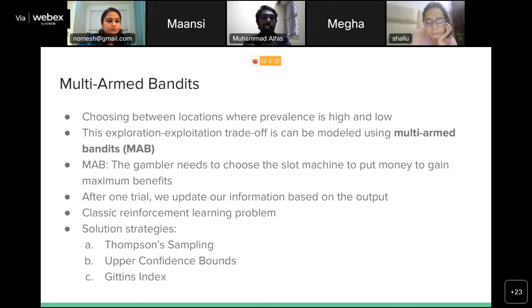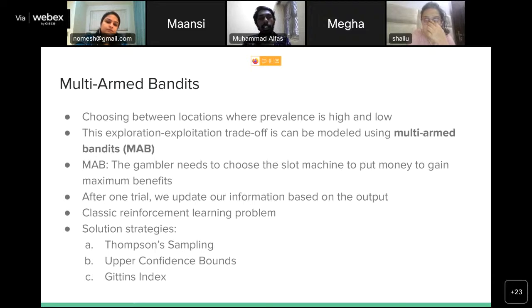This exploration-exploitation dilemma can be modeled using a multi-armed bandit model. So what is a multi-armed bandit, or MAB in short? In MAB there is a gambler, and the gambler needs to choose a slot machine to put money into to gain maximum benefits. There are a number of slot machines, and the gambler needs to find which is the best slot machine to put money in to gain maximum benefits.